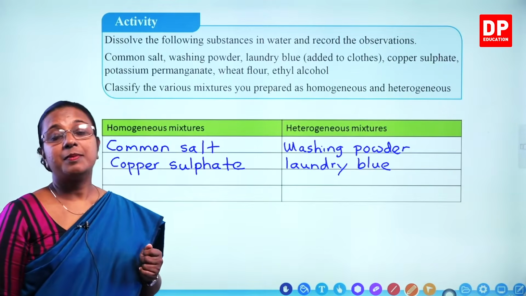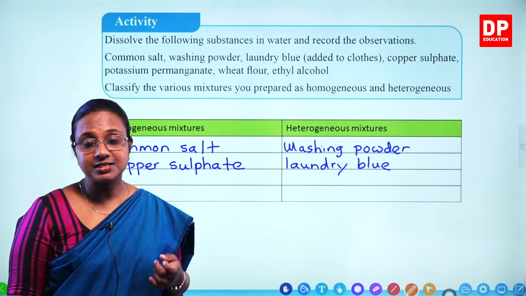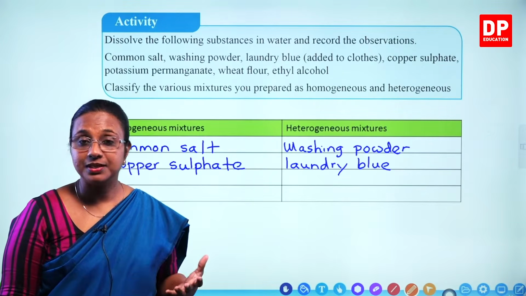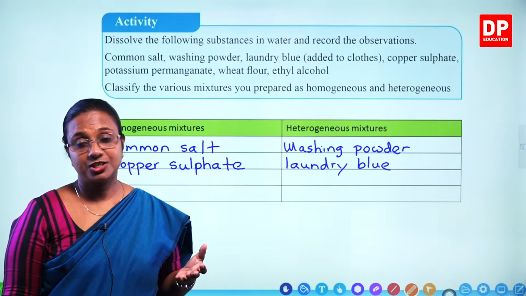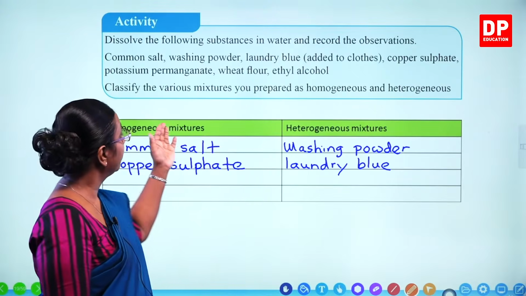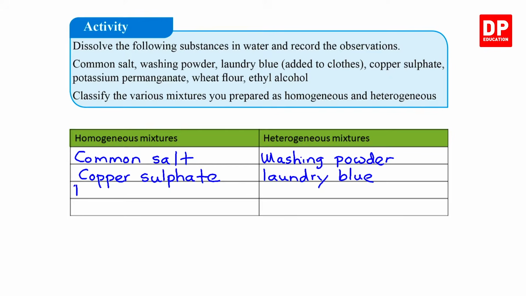Again, potassium permanganate is a dark purple color crystal. When you dissolve it in water, you get a purple color clear solution. So that means it is a homogeneous mixture. Potassium permanganate.